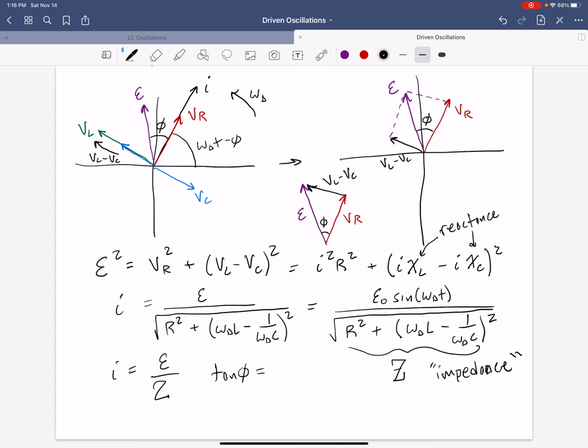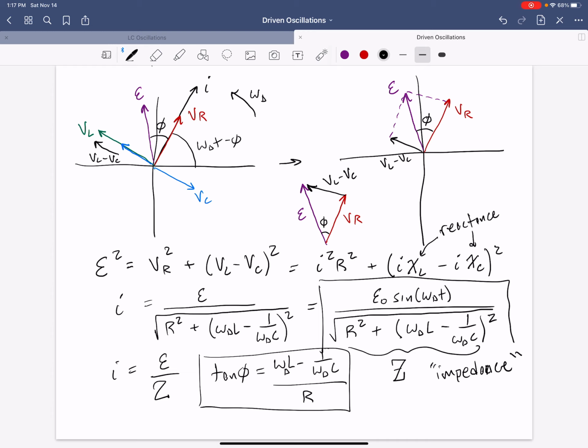Tangent is opposite over adjacent, so that's simply VL minus VC, omega L minus 1 over omega C, divided by R. And that's a way to find the phase constant between everything. But this is the total expression for the current as a function of time in an RLC circuit.